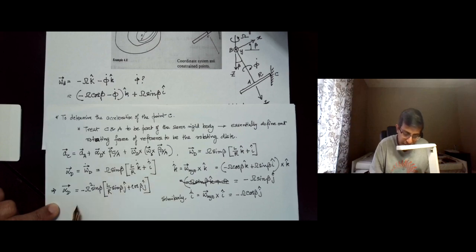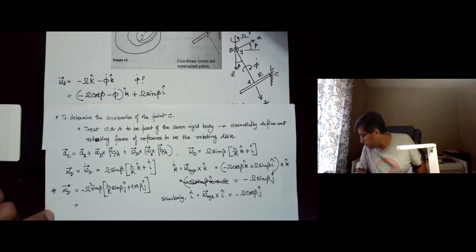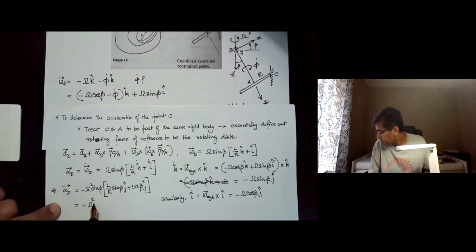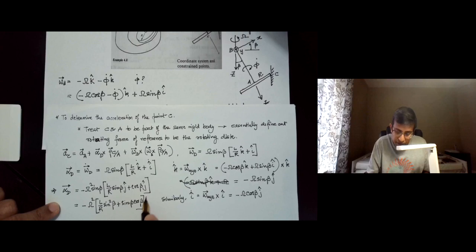So both in the j directions, so we can simplify this and say that it is negative omega squared L over R sine squared beta plus sine beta cosine beta j.